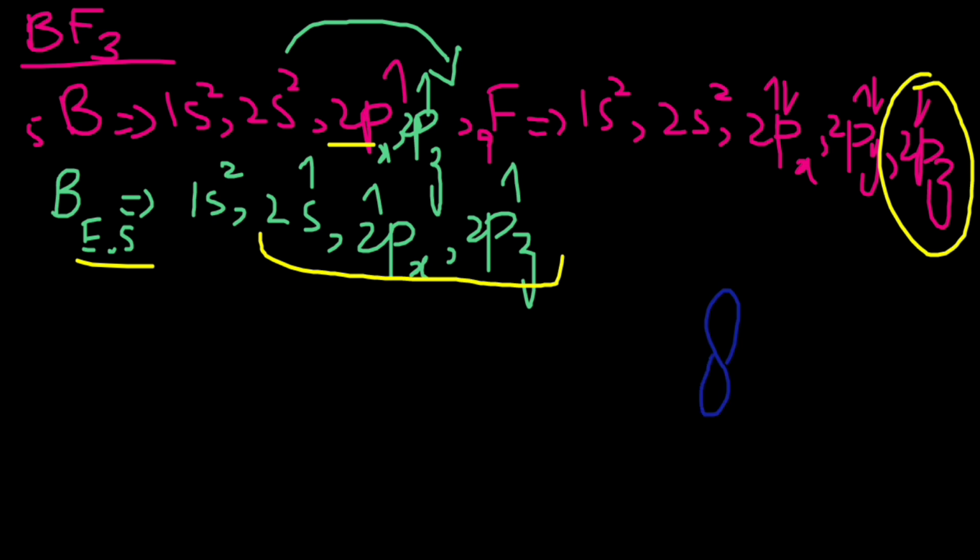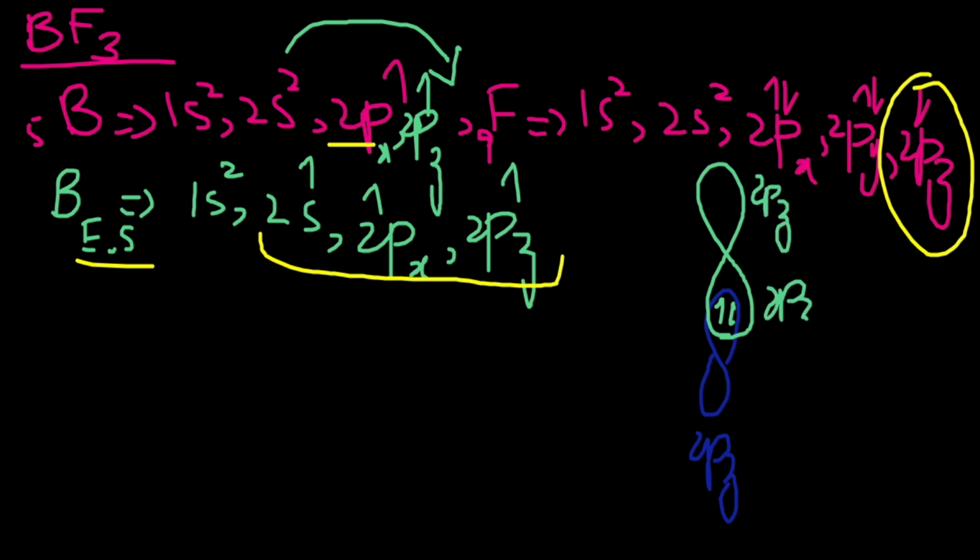Here is the 2pz of boron that is half filled. It overlaps with the 2pz orbital of fluorine. This overlap is pp overlap and the bond is a sigma bond.